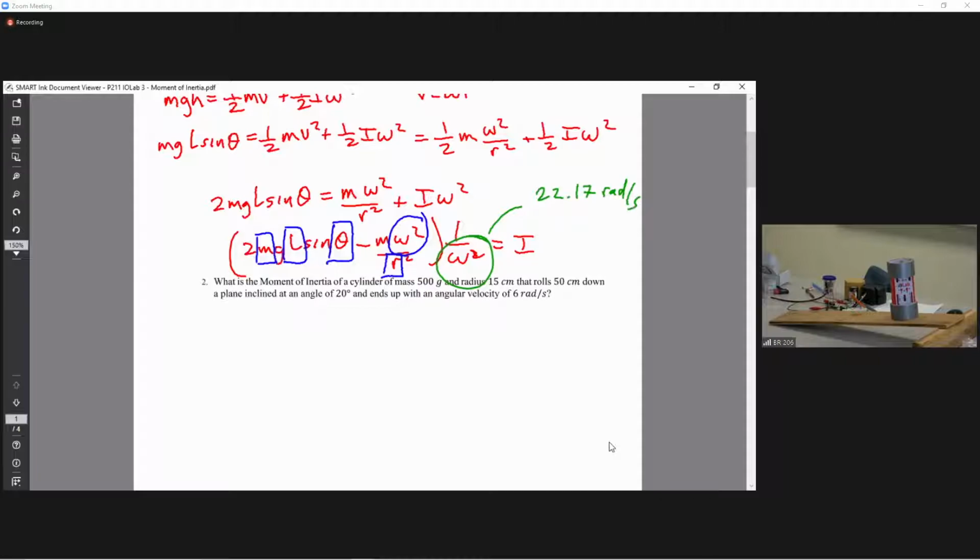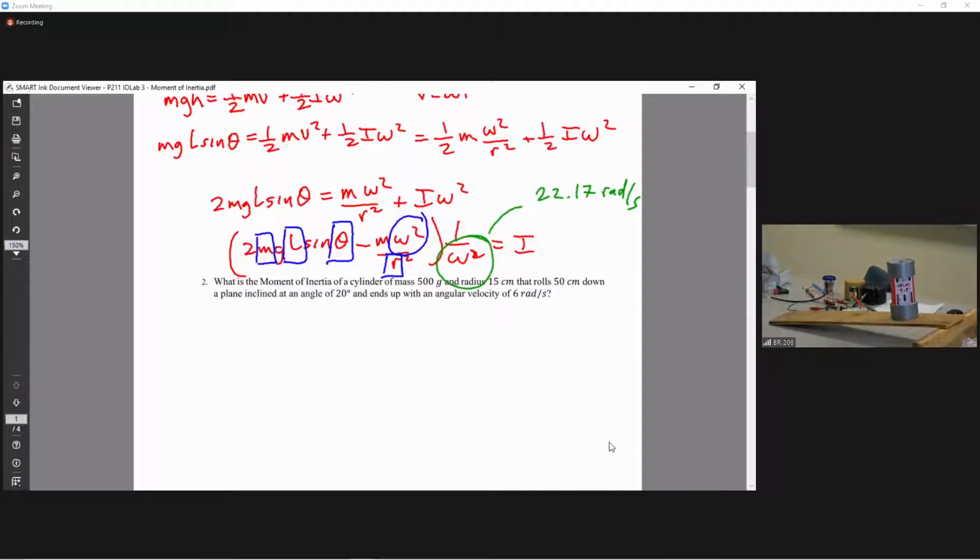22.17 radians per second. Now yours is, of course, going to be different because you'll have a different angle and a different length, all of which you'll measure. But in my case, I got about 22.2 radians per second.